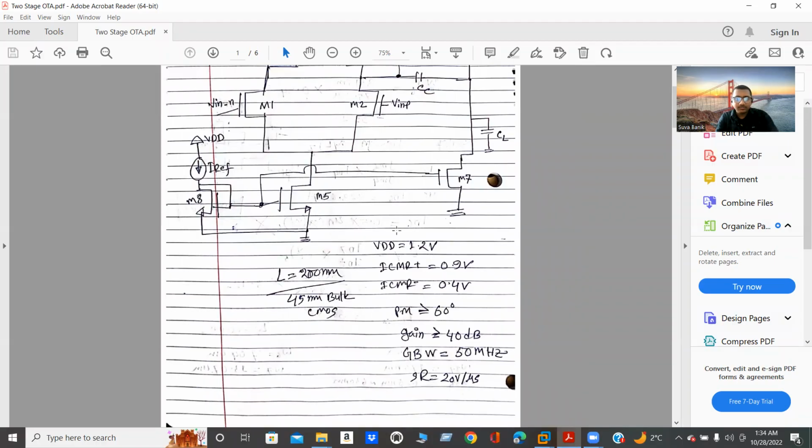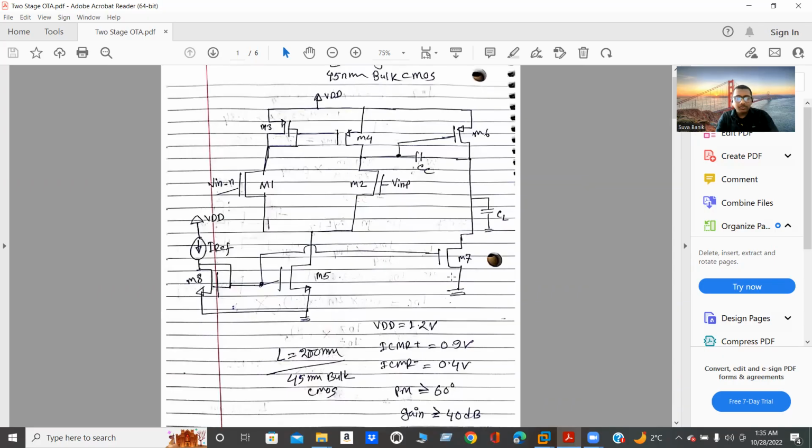Let's say I use VDD of 1.2 volt, and my ICMR range is 0.4 volt to 900 millivolt. Moreover, I took phase margin greater than or equal to 60 degrees, as well as some other conditions.